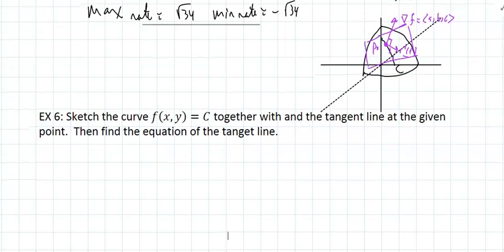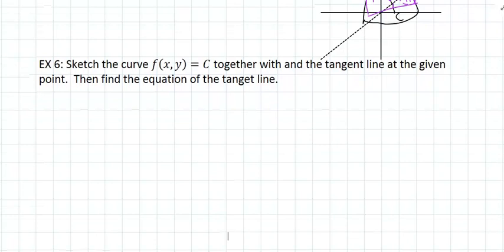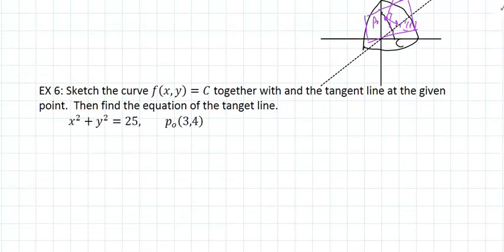First problem, I'm going to sort of explain this with a sketch. Let me get the equation up. So if I have the function being given, and again it has to be f of x, y equals c for the gradient to work, that's important. So here I want to sketch the graph of the circle. Well, that's easy to do.